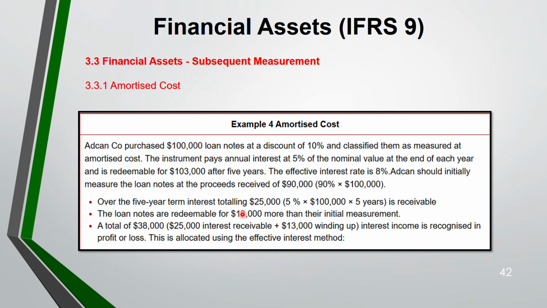Why? Because this is at 90,000, but you're redeeming it at 103 after 5 years. You're receiving 13,000 more. So 25 plus 13, total 38,000 you will receive as an interest income from this loan note.